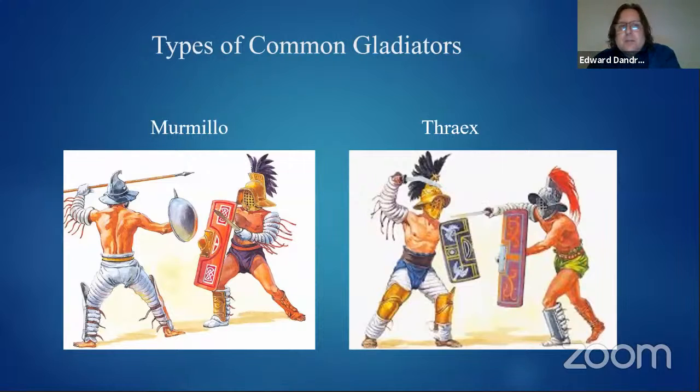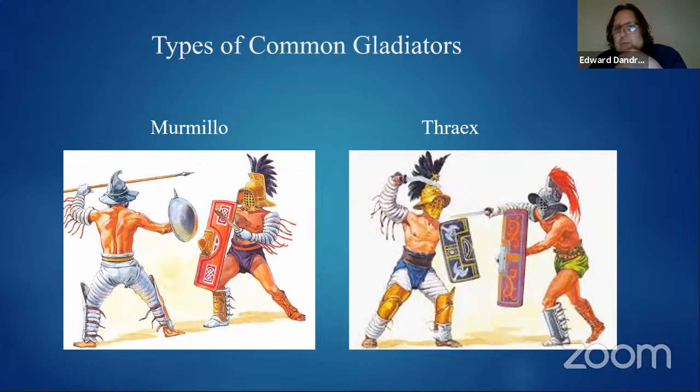In terms of the types of gladiators, there are various types. The most popular is the Murmillo. If you see the image on the left-hand side, he has a caged helmet, a large shield, a short sword. This is very commonly depicted both in ancient art and in modern cinema or modern television. This is the individual that defines it.